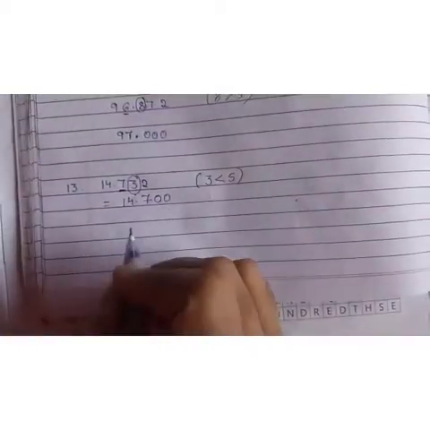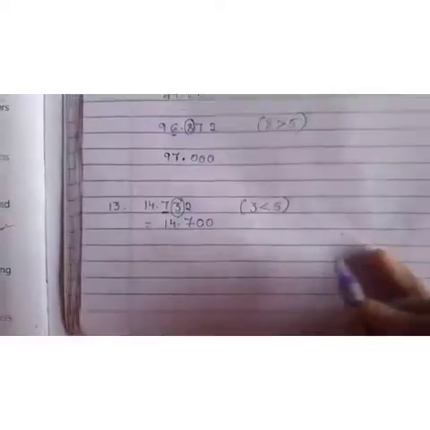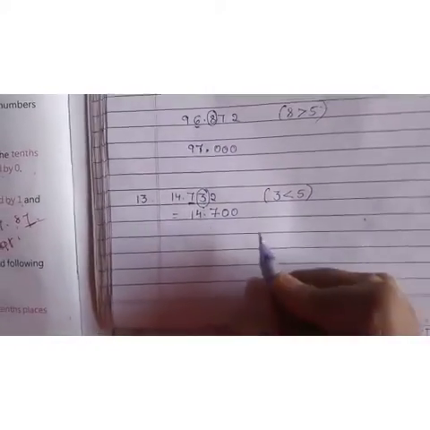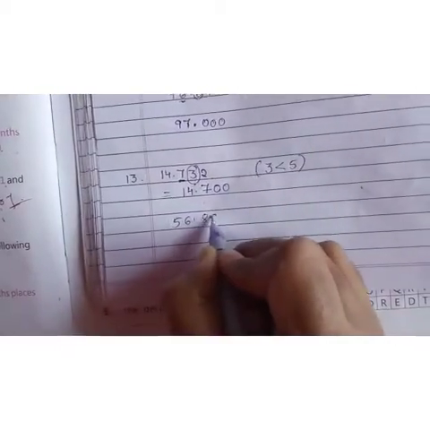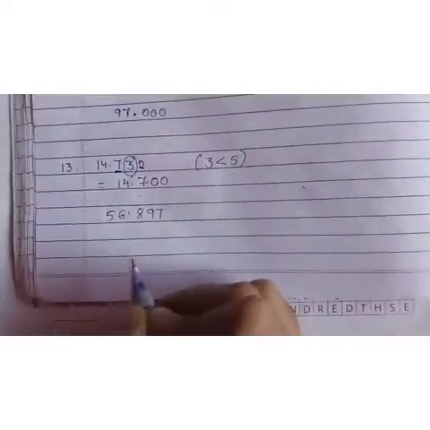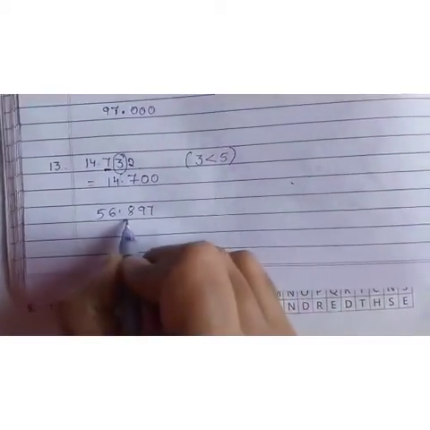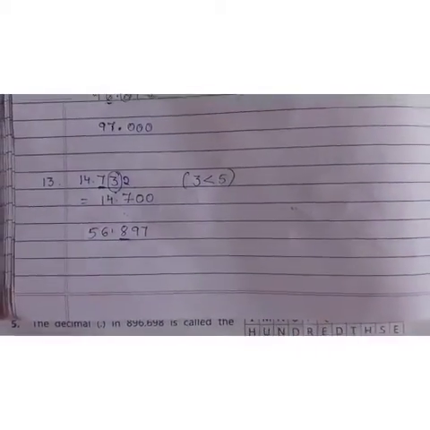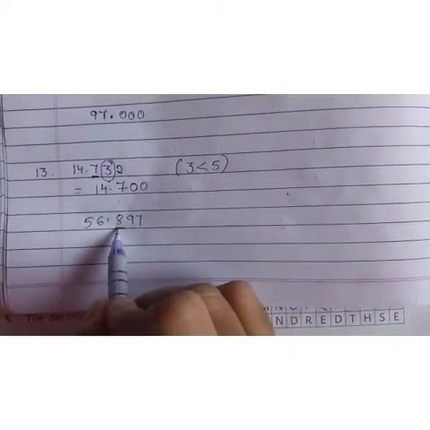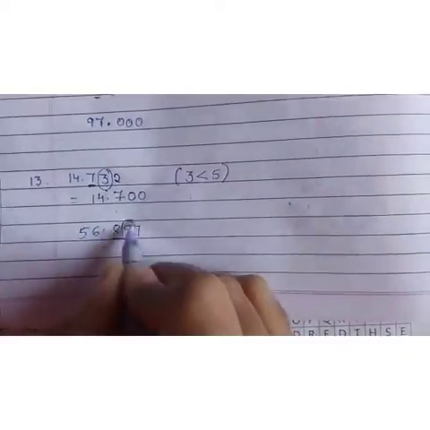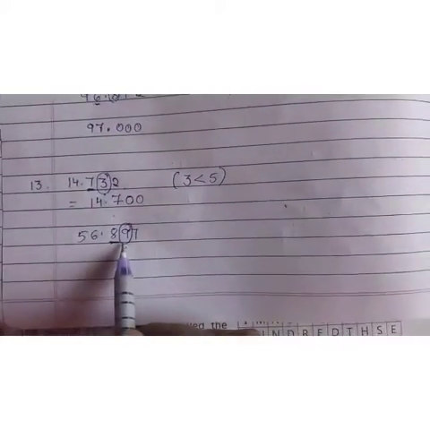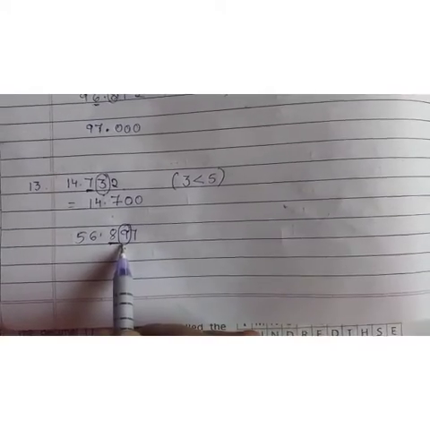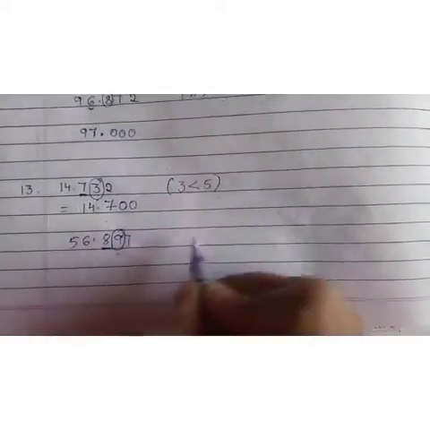Is it clear? Now I will show another example where the digit is greater than 5, that is 56.897. Round it off to one decimal place. If you want to round off to this digit, you have to take the next number coming to it, so it is the 100th place. Check whether it is greater than 5 or smaller than 5. It is greater than 5.